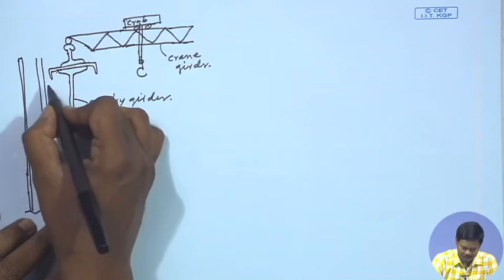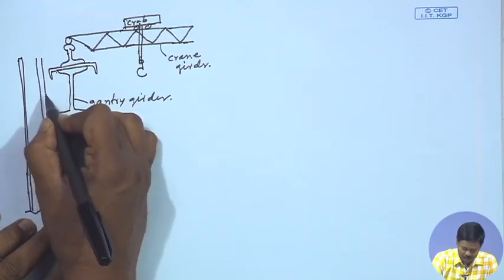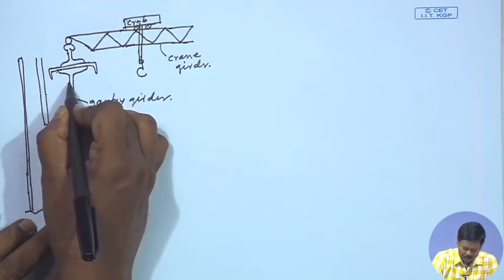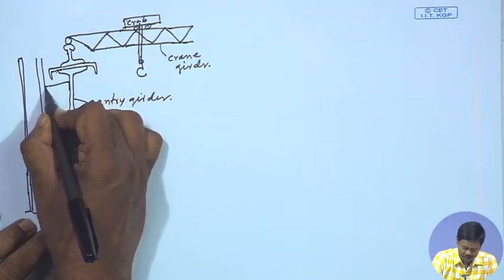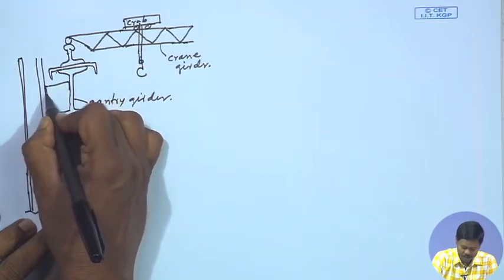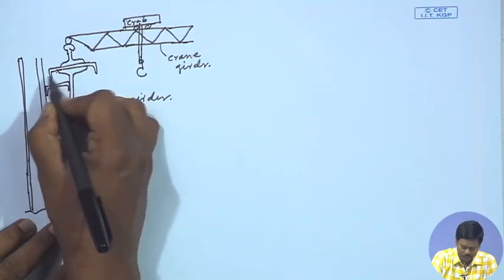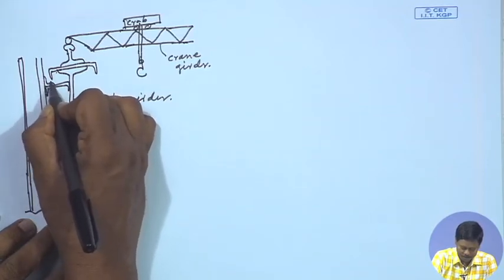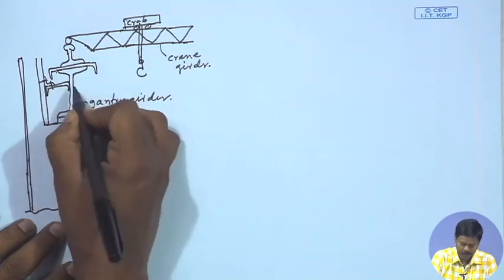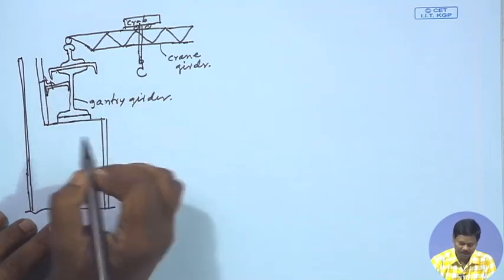And this is the diaphragm, which keeps the I section, the gantry girder, in position throughout its length. So, this is how one can keep the gantry girder in place.